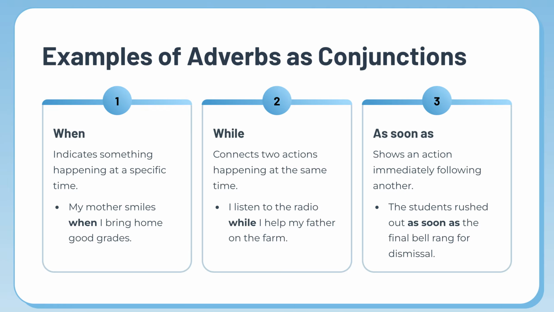The students rushed out as soon as the final bell rang for dismissal. That's quick action right after the bell. So, adverbs like before, after, until, when, while, and as soon as can act as connectors, helping us join ideas based on time and order.